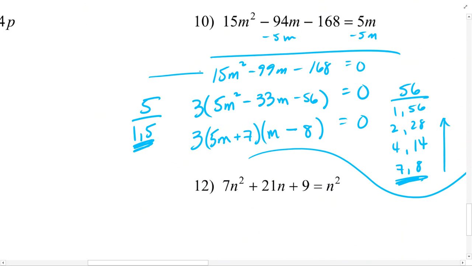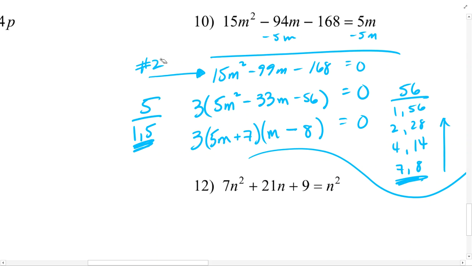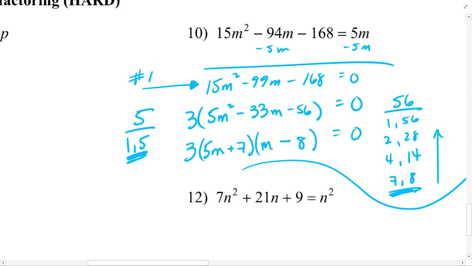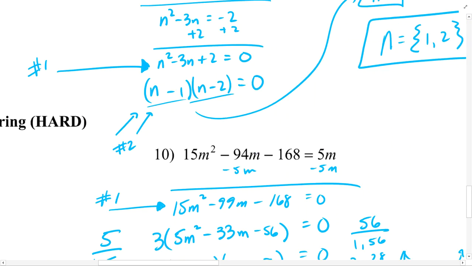With a little bit of algebra, I've gotten all of my terms together on one side of the equation. So step 1: combine like terms, move them to one side of the equation. Sorry, I think I was labeling that incorrectly. This was step 1, all terms on one side. But then the factoring, the skills that we practiced all throughout the first quarter, that's my step number 2.